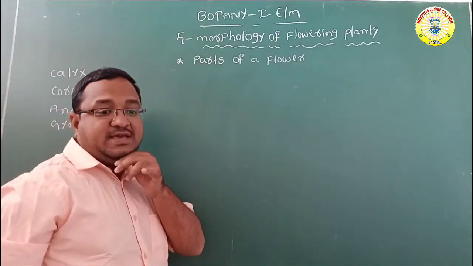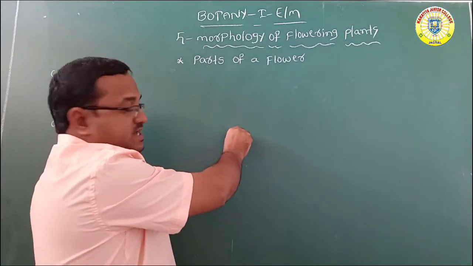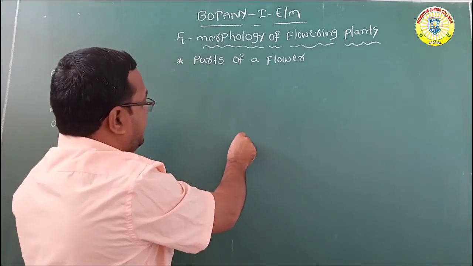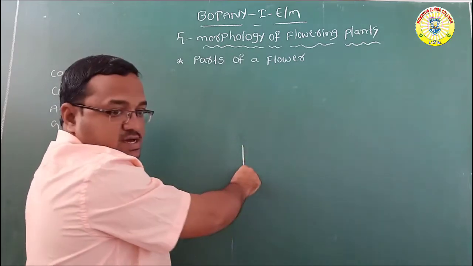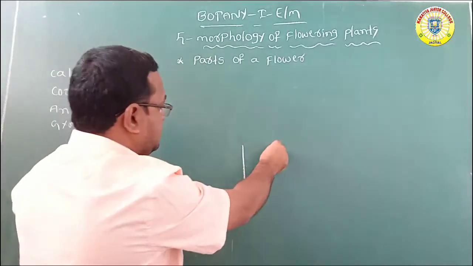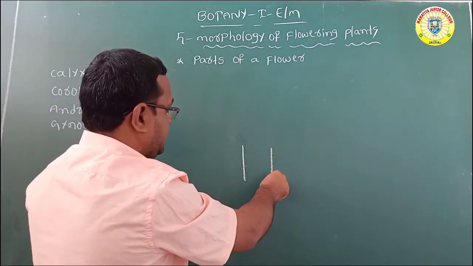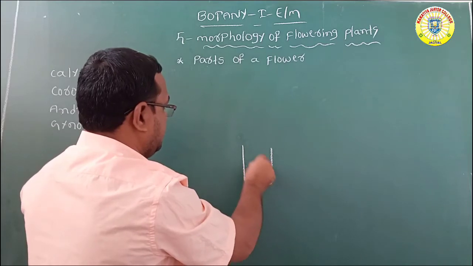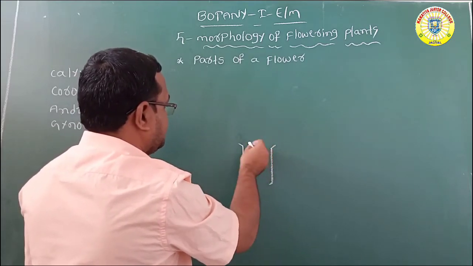Now here you can see how the parts are arranged. With the help of the diagram, we came to know more information about the parts of a flower, especially datura. In the datura flower, you can see how the floral parts are arranged.